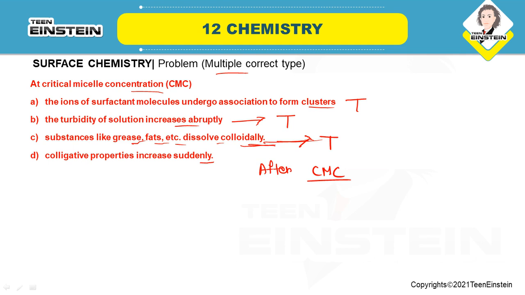The reason is that colligative properties are not dependent on the nature of the solute, they are dependent on the number of particles present in the solution. So if the number of particles is less, the colligative properties will also be less. We cannot say that it is increasing suddenly, so this statement is not correct. The correct statements are multiple correct choices A, B and C, not the last statement.